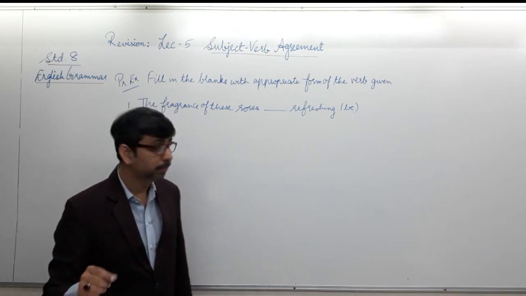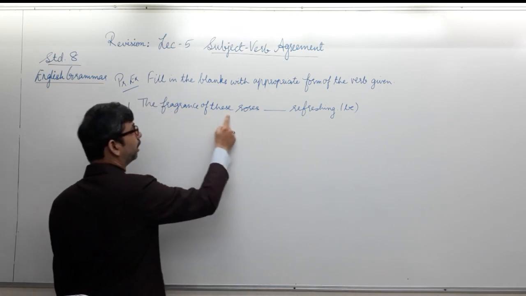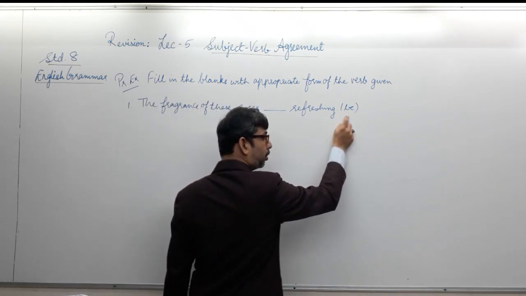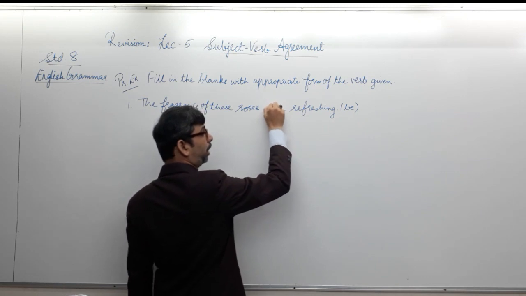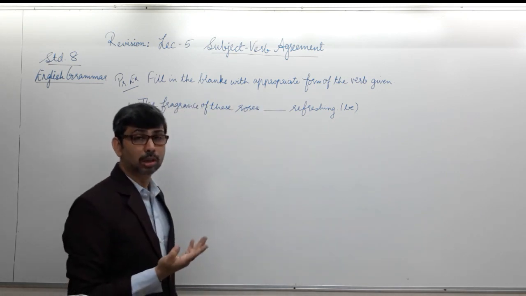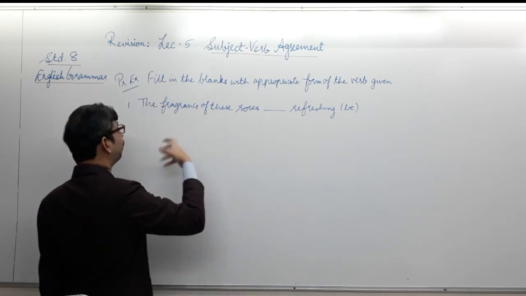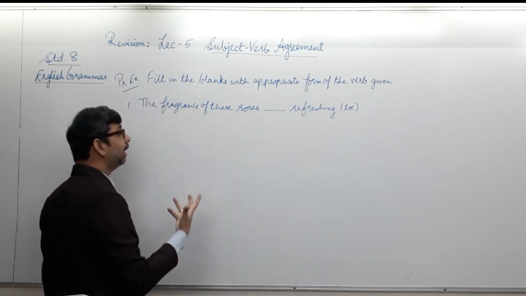Be is a verb, isn't it? So the fragrance of these roses dash refreshing. We need to use one of the members of the be family and insert it over here. But try to recall all the rules that we learned, which rule fits over here, and try to analyze the sentence even before you write the answer.